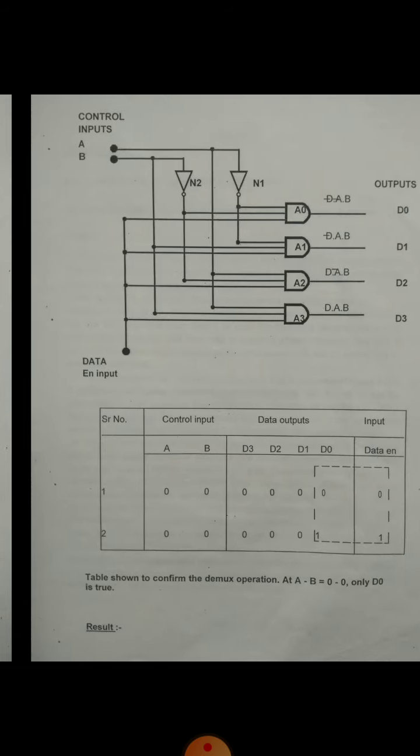Okay, and D2 will be high or low for control signal 1 0, depending upon data enable, whether data is at input or not. Okay, and you can check D3 for control input 1 1, it will be high or low accordingly. So this is our 1 to 4 line demultiplexer circuit.